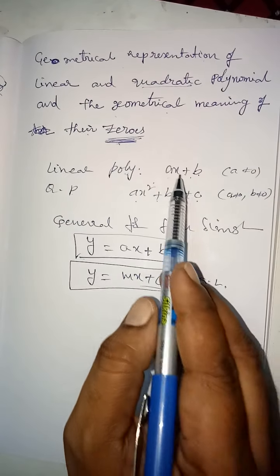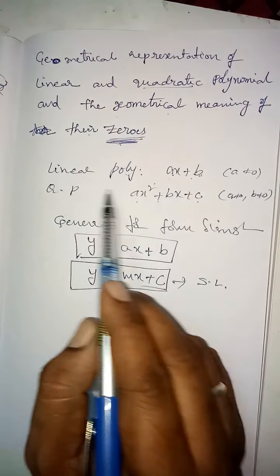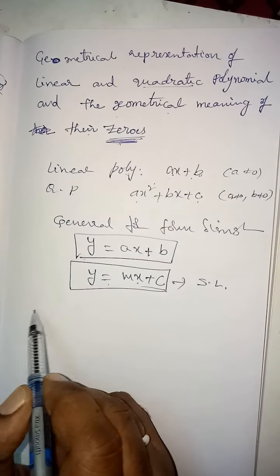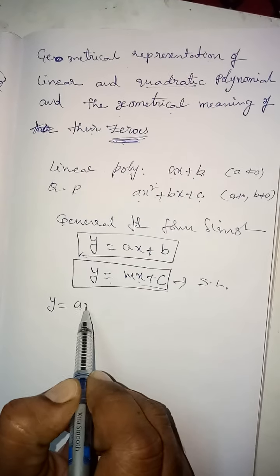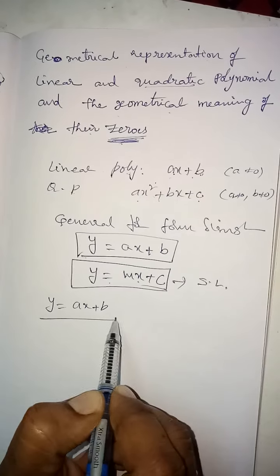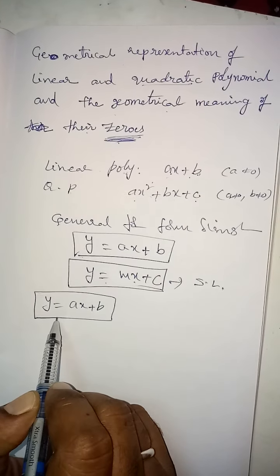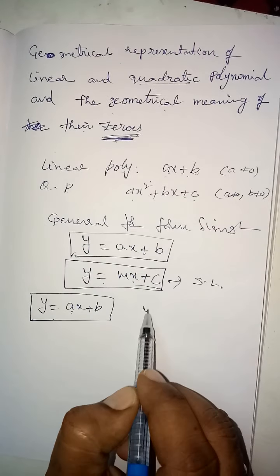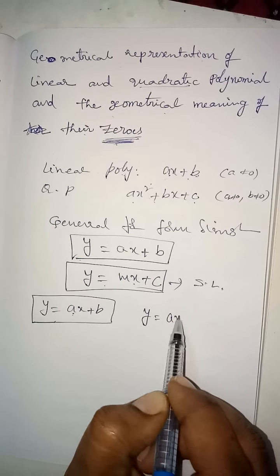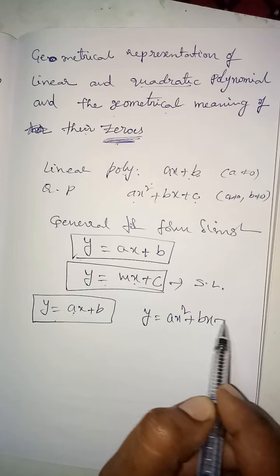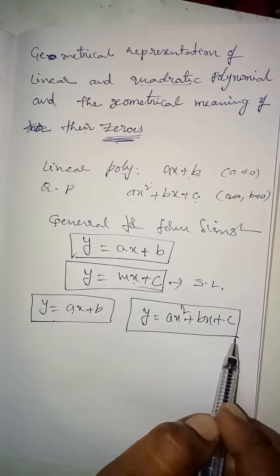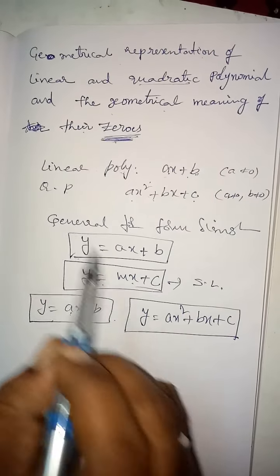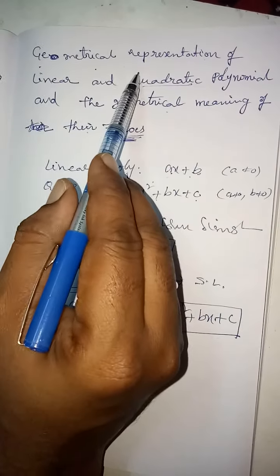Now I'm converting this linear polynomial and quadratic polynomial into this form, means y is equal to ax plus b, one linear equation in the form of a straight line, and the quadratic equation also I'm representing as y equals ax square plus bx plus c. Why am I representing it like this? Because I'm finding the roots by using the geometrical method.